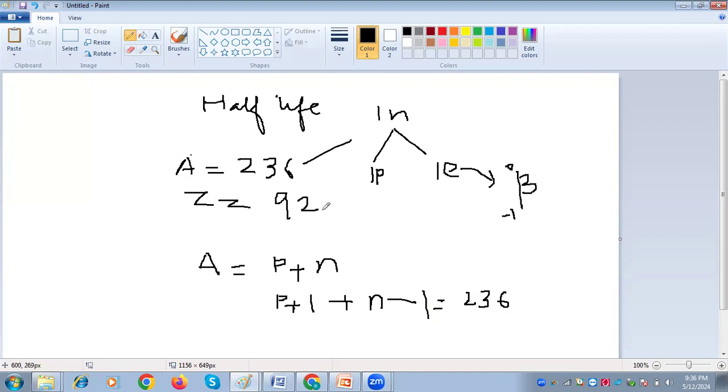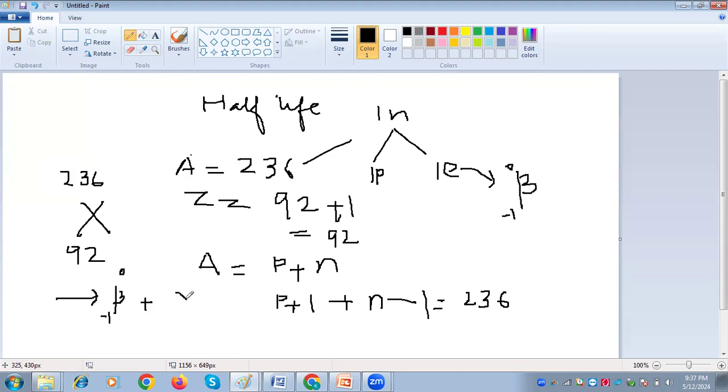And since one proton is added, Z will become 93. So what will the daughter be? Suppose X, how do we represent it? As a result of beta decay, beta is emitted, and that atom is no longer the same atom because its protons are now different. So it is 93, and A remains 236.